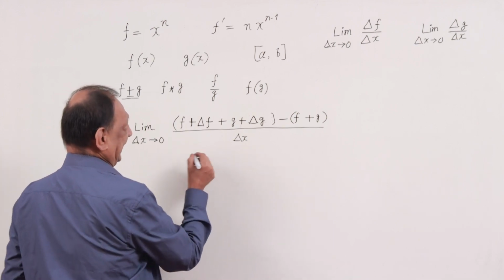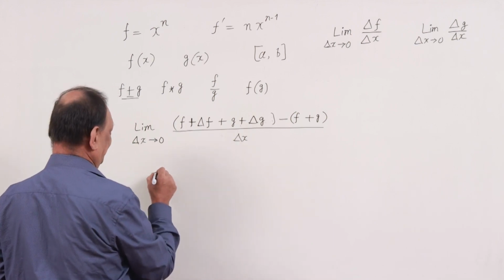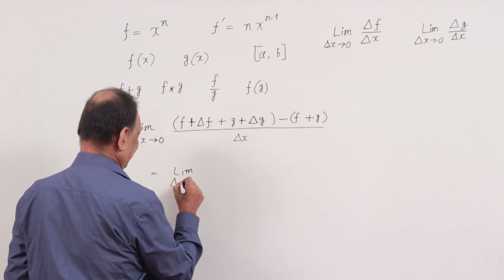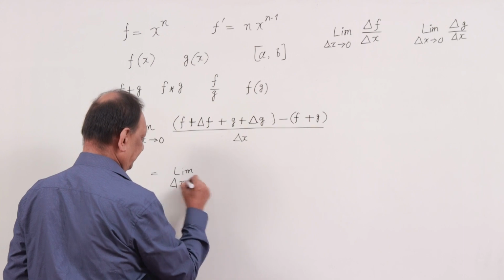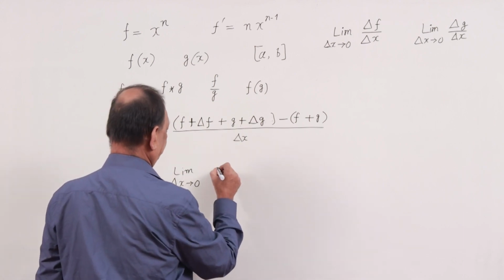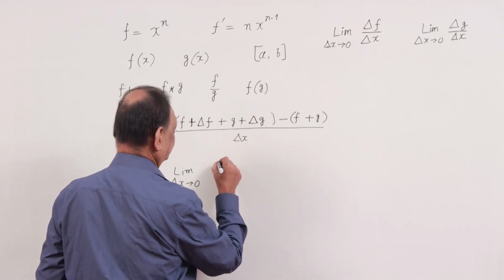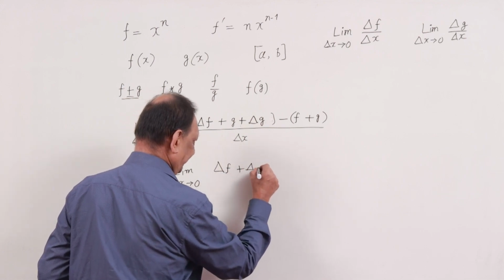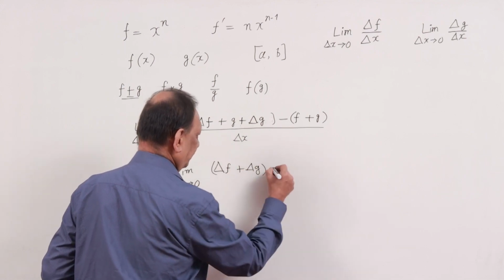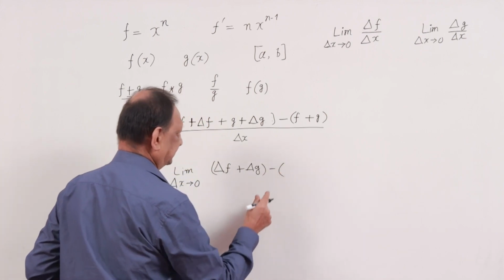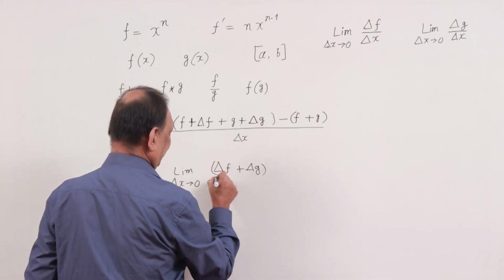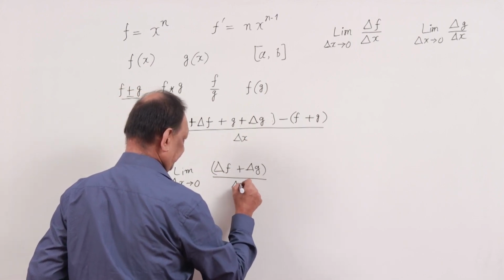You can write that as the limit as delta x goes to 0 of delta f plus delta g, minus, sorry, there's no minus there. This is cancelled there, divided by delta x.